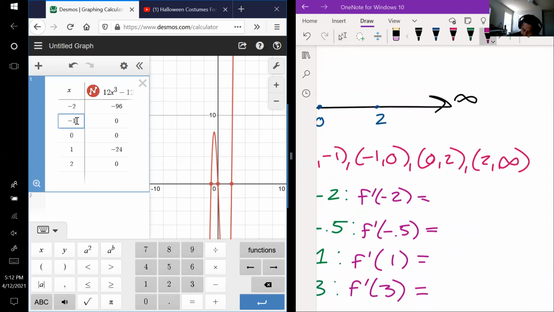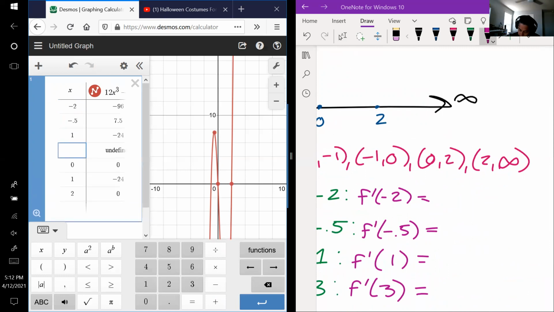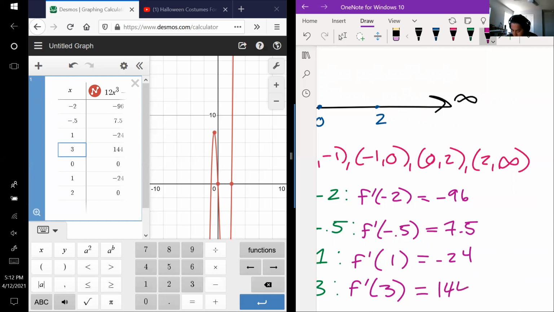All right, -2 is in there for us. Good. -1/2, and then 1 and then 3. Okay. So at -2, I get -96. At -0.5, I get 7.5. At 1, I get -24. And then I get +144.